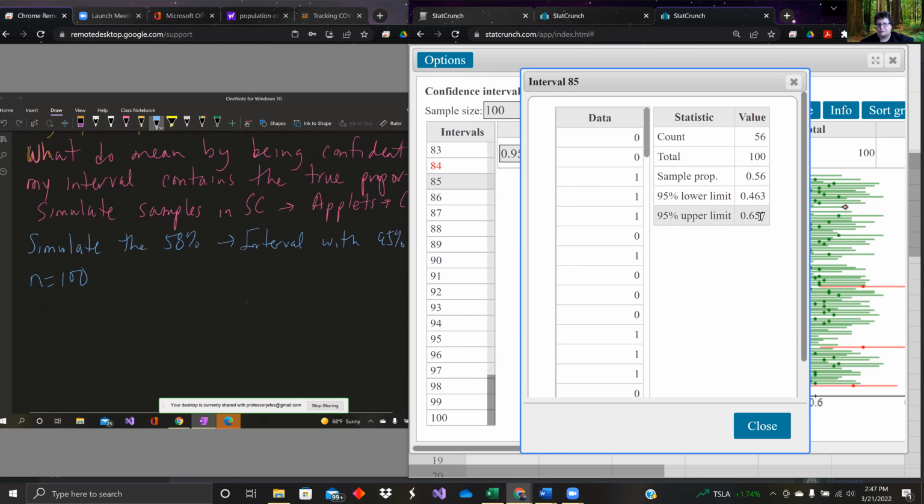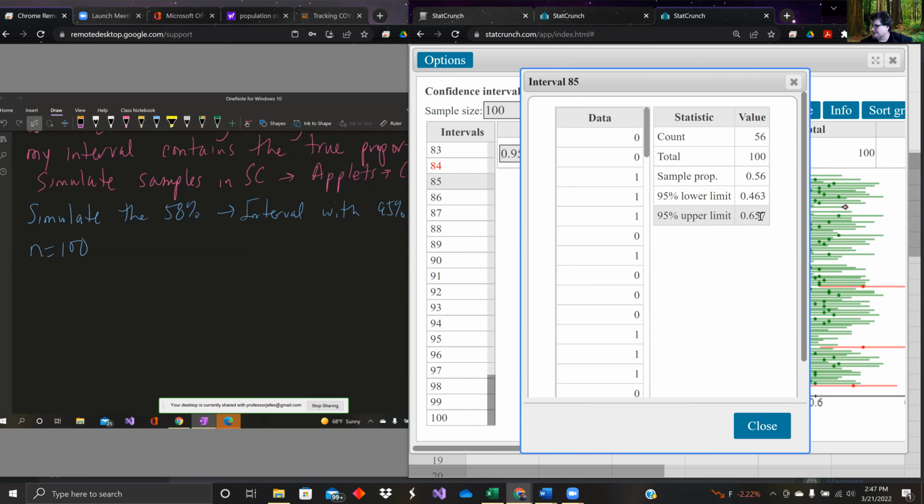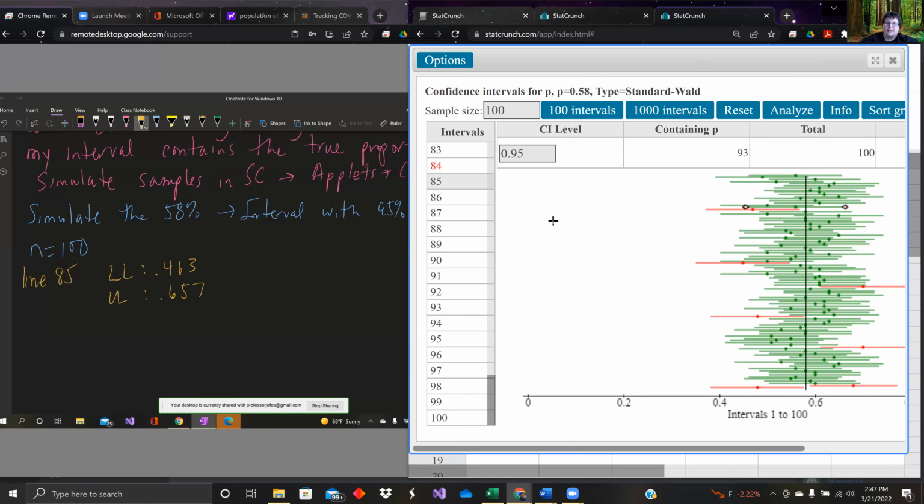I'm going to write this down over here because I'm going to use it to illustrate something. Line 85 has a lower limit of 0.463 and an upper limit of 0.657. If you do this same simulation on yours, you're going to get different results. If I click it again, it's going to completely change, so this is not really reproducible.